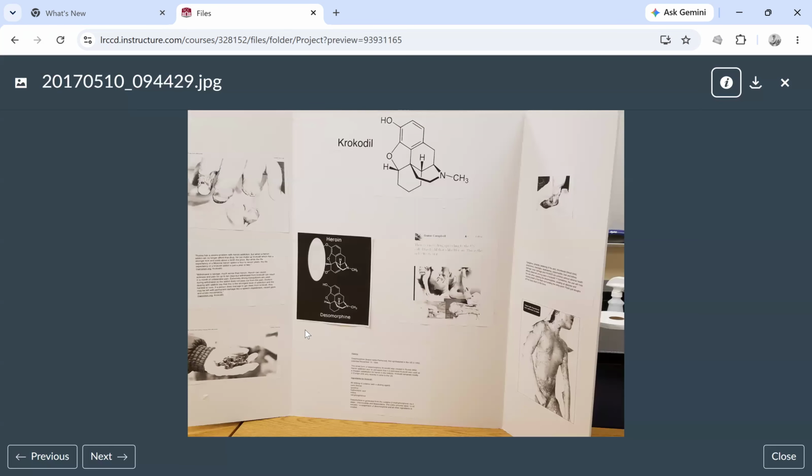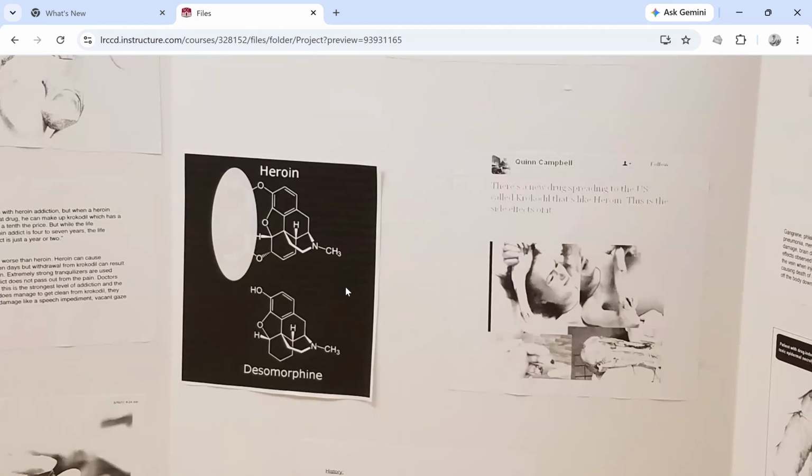This is a drug that was synthesized in Russia. It's called crocodile, and it's similar to a lot of the heroin-like drugs.